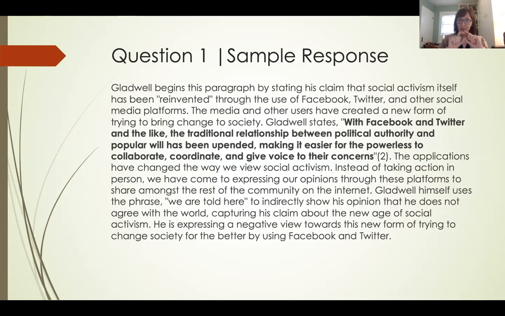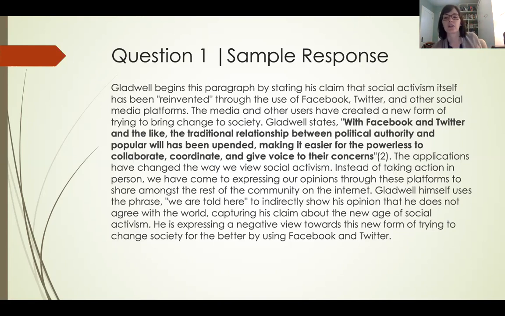And so that specific way that it's transformed or supposedly revolutionized is it upends, again, right, the relationship between those in power, political authority, and the broader population. It gives them the space to voice their concerns. So those are all positive attributes of social media.